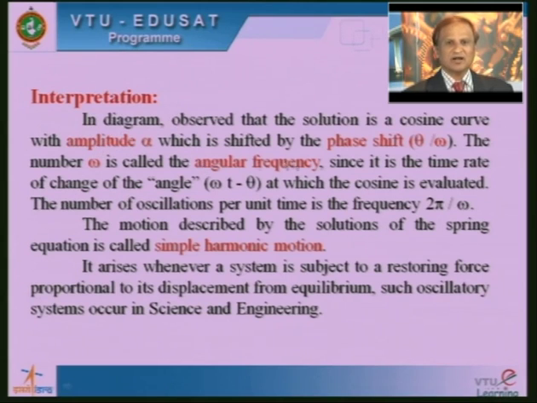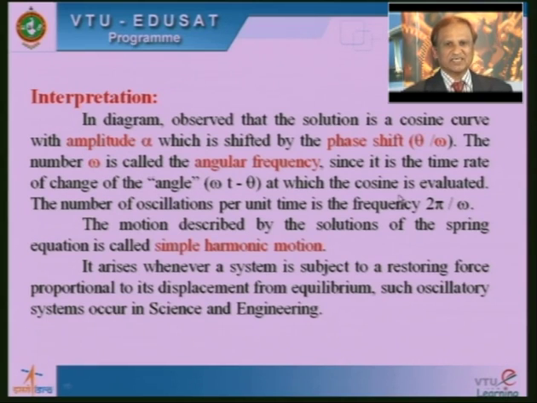In the diagram, observe that the solution is a cosine curve with amplitude alpha, which is shifted by the phase shift theta by omega. The number omega is called the angular frequency. So, our solution contains omega, what do we mean by omega?